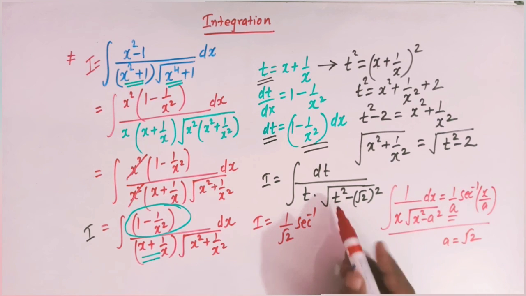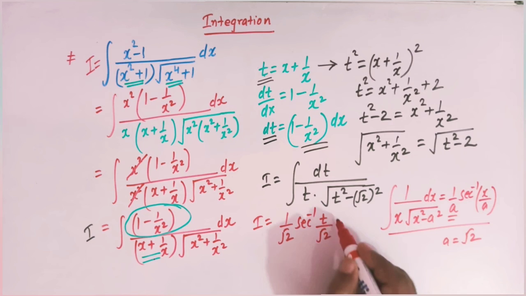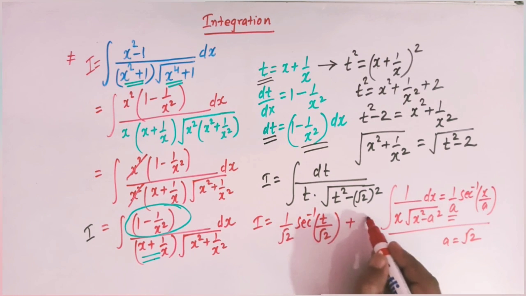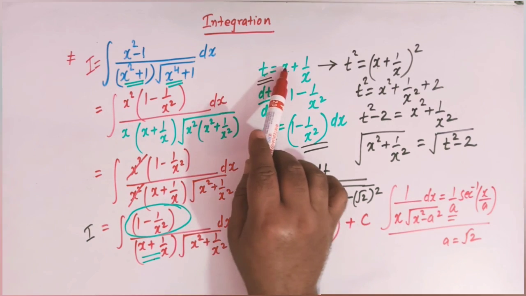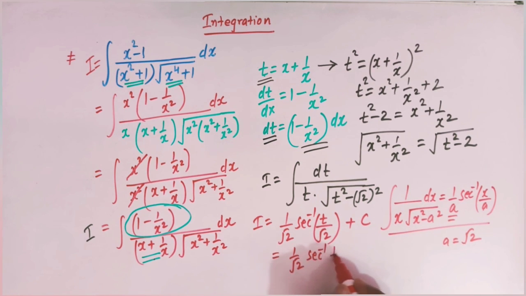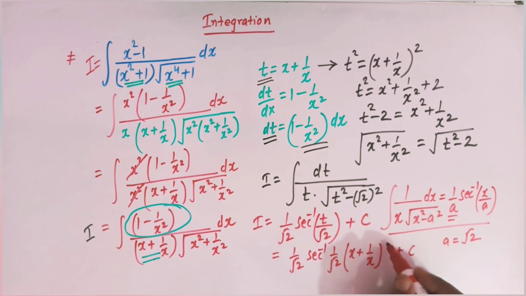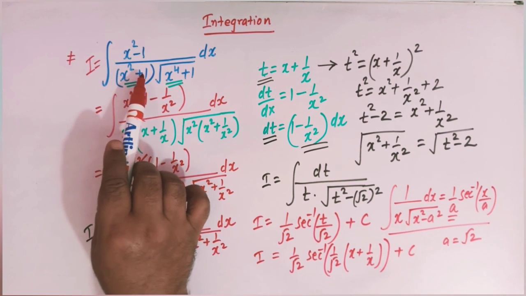So for x we have t, and for a we have square root of 2, and here we have plus c, right? And now we can replace this t by x plus 1 over x. So we have 1 over root 2 times secant inverse of x plus 1 over x over root 2, plus c, right? So this is the required integral of this function.